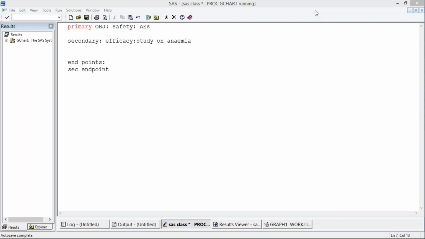The primary endpoint is safety, so the primary objective is safety. Endpoints are adverse effects data, lab data, any safety data. But efficacy, if you are conducting trials on anemia, what can be the efficacy endpoint? Meaning, what can be the secondary endpoint?